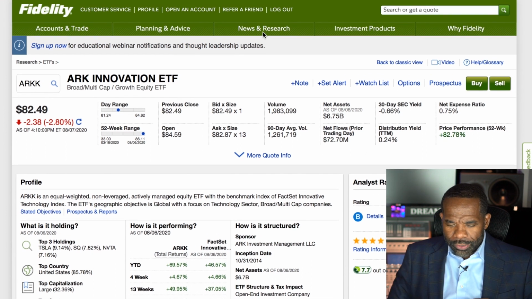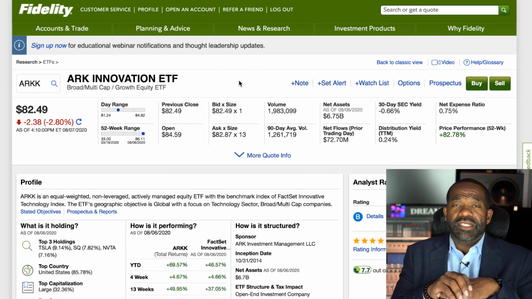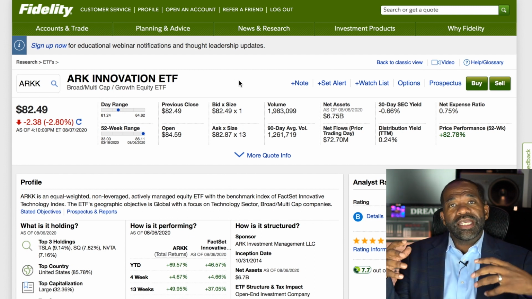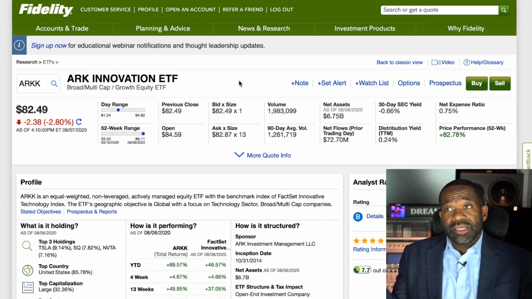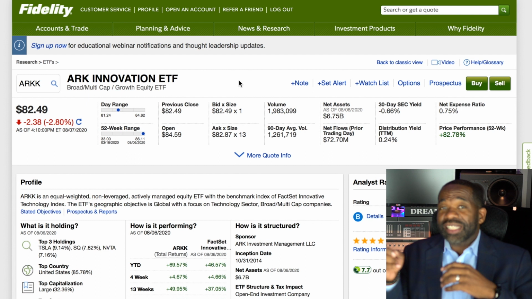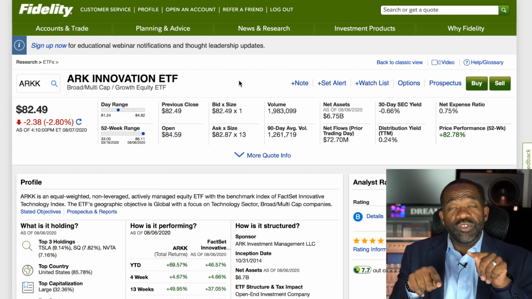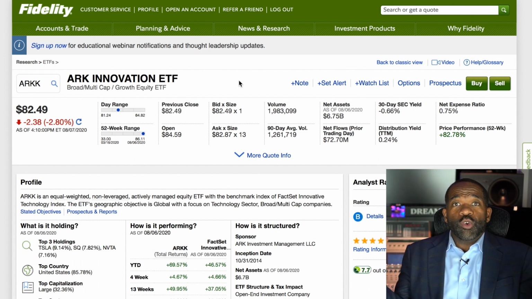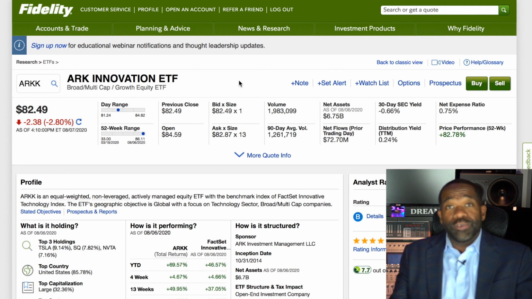If you can see here, it says broad mutual fund. This ETF is a combination of stocks all in one, so you're not just buying one stock. With an ETF, you can just buy it and you're already diversified. It's a beautiful thing.